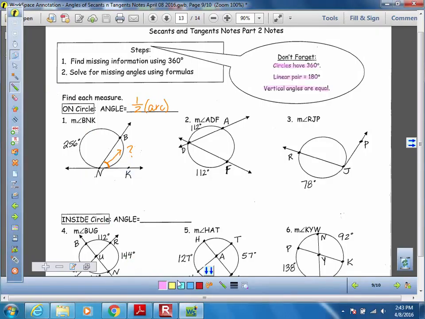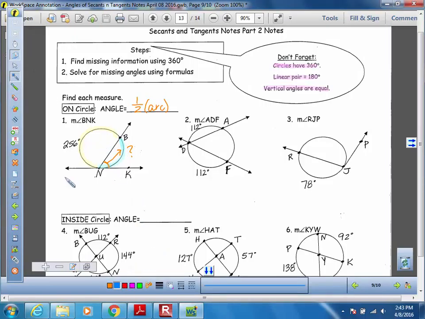Now, we know that circles add to be what? 360. Okay, how many pieces of a circle do we have here? I have this piece, which is 256, and then I have a second piece. So there are 2 pieces. So these 2 pieces should add to be what? 360.